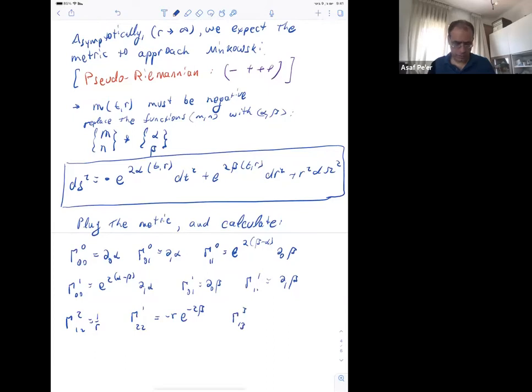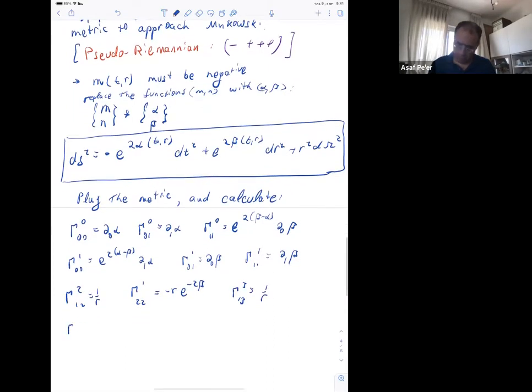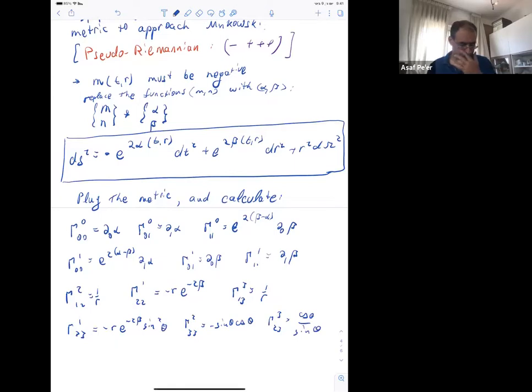Gamma 313 is just 1 over R. Gamma 133 is just minus R e to the minus 2 beta sine squared theta. Gamma 233 is just minus sine theta cosine theta. And gamma 323 is just cosine theta over sine theta. Anything else you can get by symmetries of the affine connection, or it's 0.